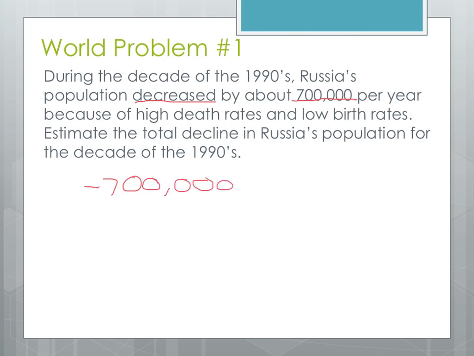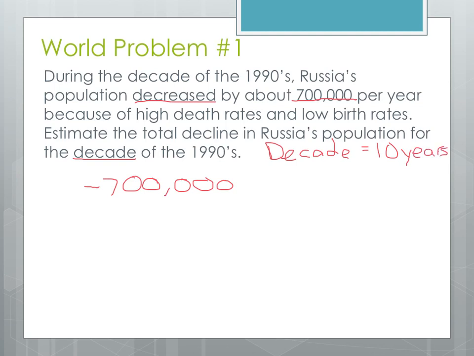So we're decreasing every year for a decade. That's important. How many years are in a decade? Well, they kind of give you a hint by saying the 1990s. A decade is 10 years.